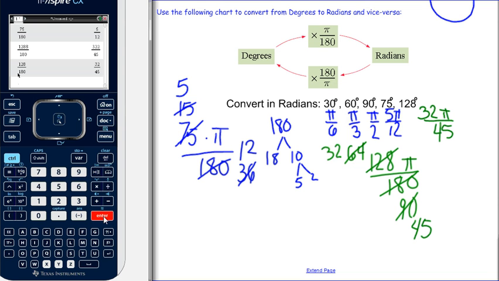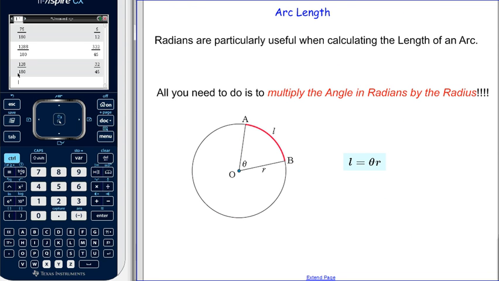Okay, so the reason we reviewed that is because when we're finding arc length, we absolutely have to have the angle in radians. So if it's originally given to you in degrees, the first thing that you need to do is change the angle to radians. To find arc length, we're going to take this L. By the way, this is the length of an arc here.